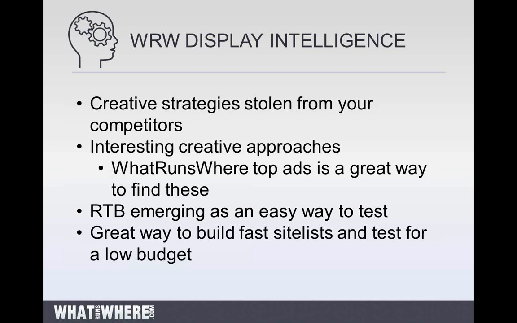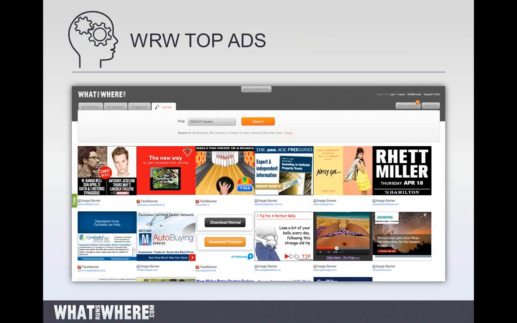The wonderful thing with RTB is you can put together a media plan or a site list using WhatRunsWhere and then go out to a real-time bidding platform and test across these 1,000 sites very quickly with a low budget. So by being able to put together a site list with WhatRunsWhere and then go to the RTB platform, you're able to quickly test and optimize your websites. And as I said, optimization is never done. So once you've quickly tested your first round of sites, I could take my next best sites using WhatRunsWhere and test through that round as well.